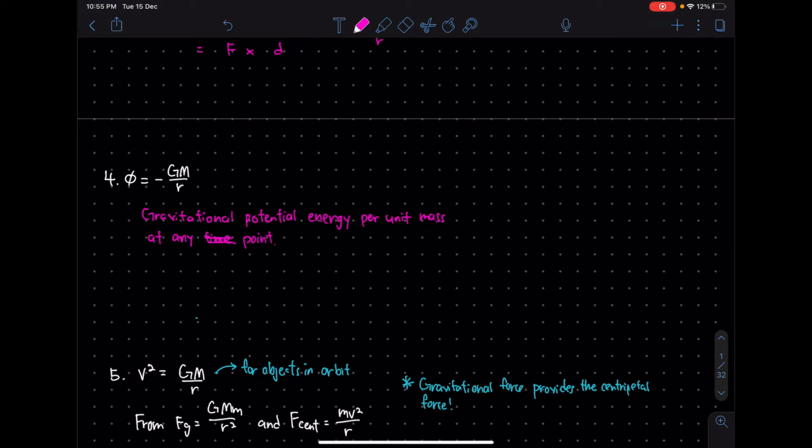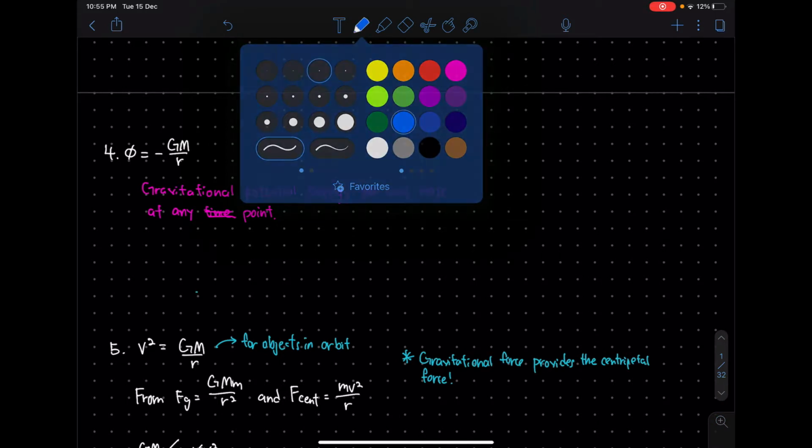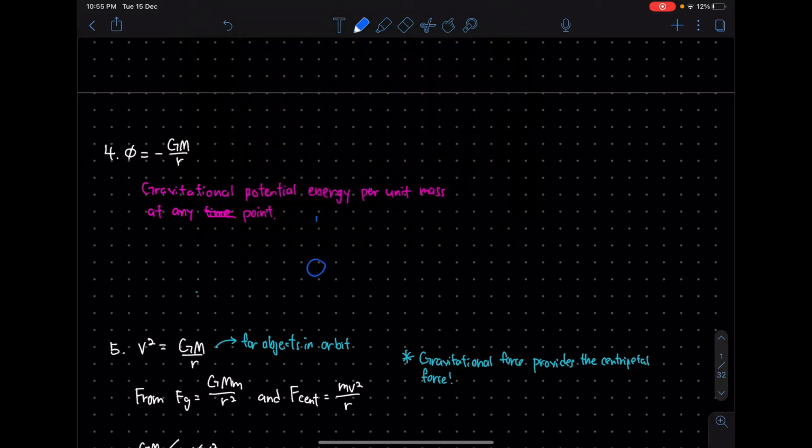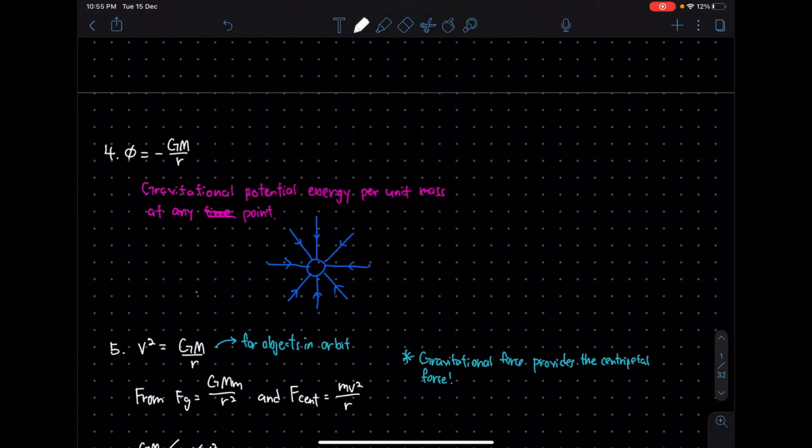Okay, so what this means is that imagine there is a body of mass here, and this is the gravitational field. You can see the gravitational field. So what the gravitational potential provides is the gravitational potential per unit mass at any point.